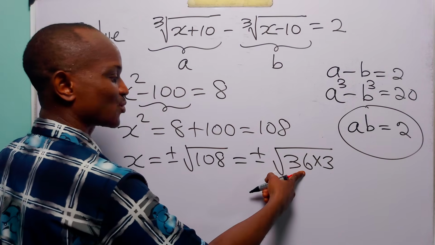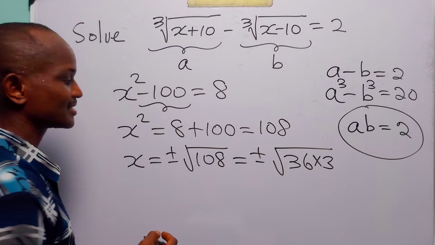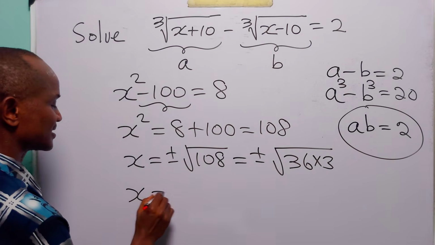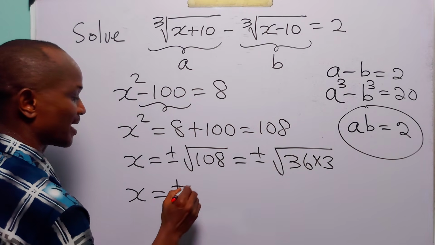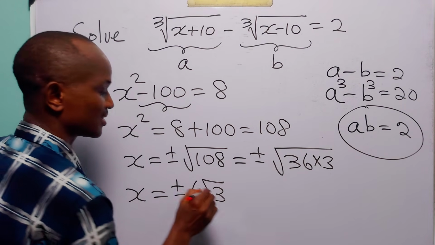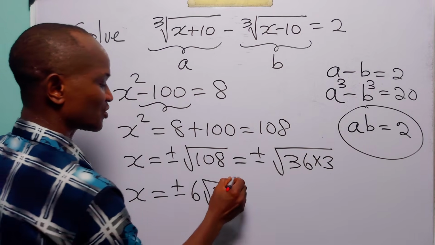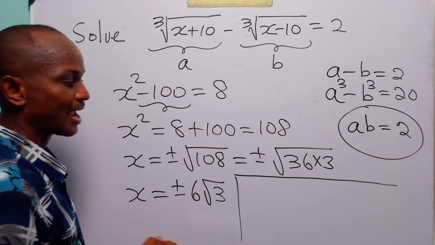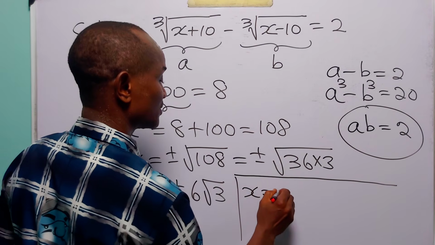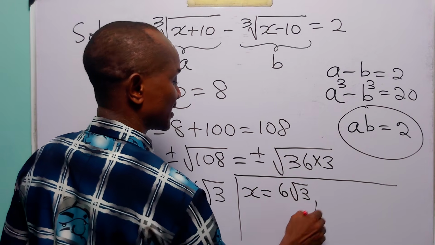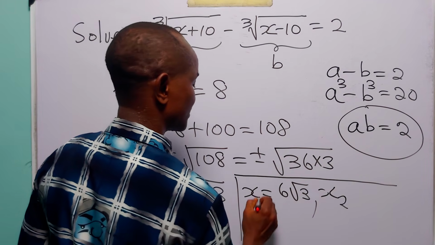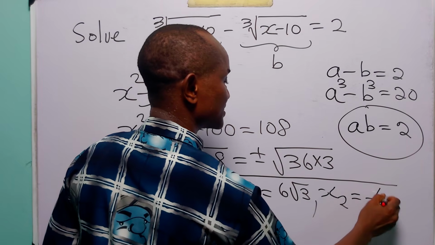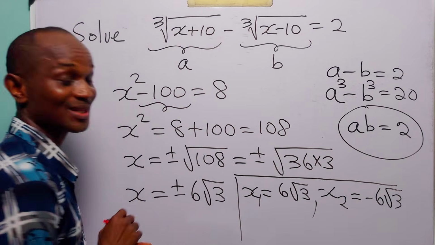And of course, you know that the square root of 36 is 6. So we have that x is equal to plus or minus 6 root 3. So the two values of x that satisfy this cube root equation are x equal to 6 root 3 and x equal to minus 6 root 3.